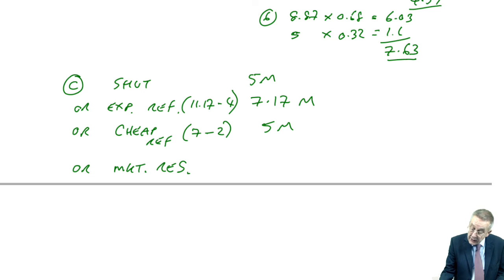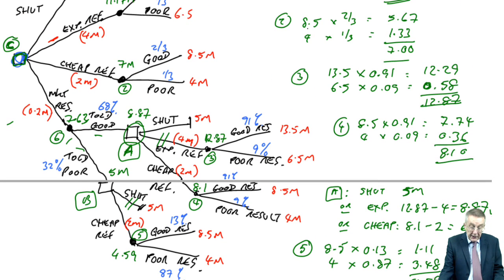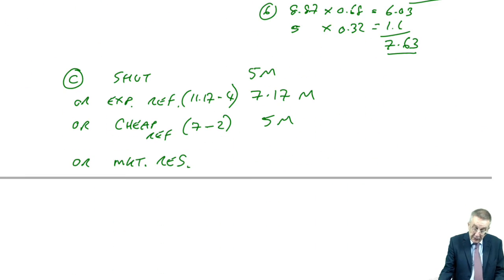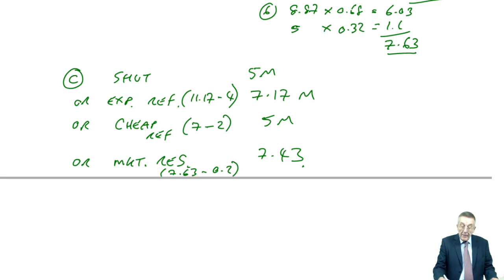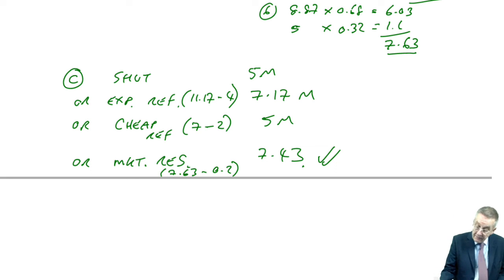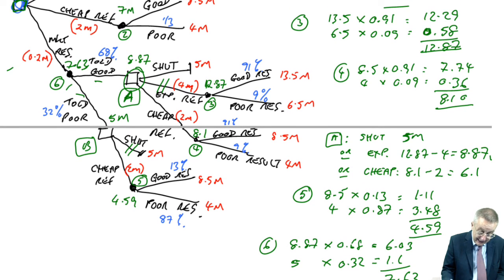With market research, we pay out 0.2 and get back 7.63. It's our choice, and we'll pick whichever is the best of those 4. The best is in fact to do the market research. 7.43. And so there we are.